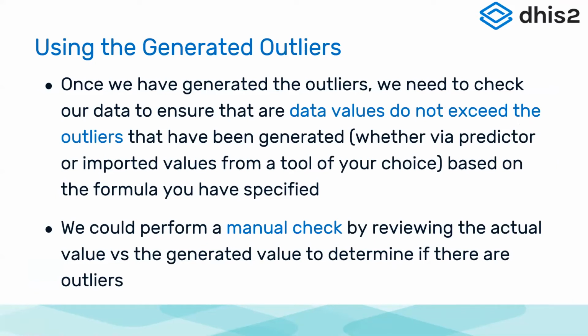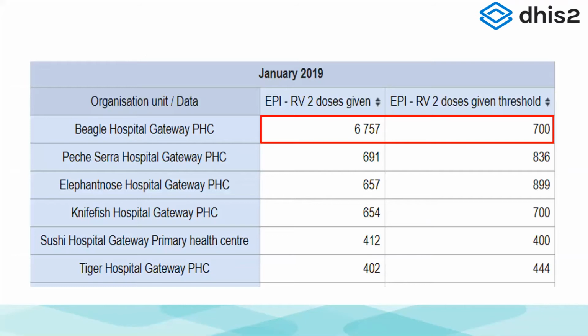Once we have generated the outliers, we need to check our data to ensure that the data values do not exceed the outliers that we have generated. We have discussed that. Once you have generated your predictors, you can even check them manually. No harm, you can generate a pivot table, like I have shown in this slide.